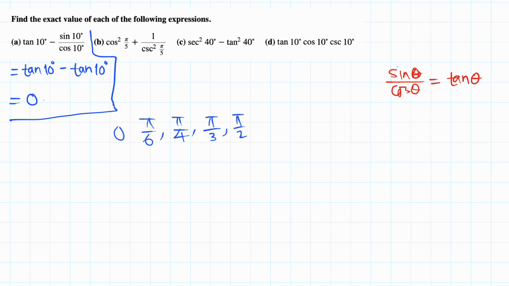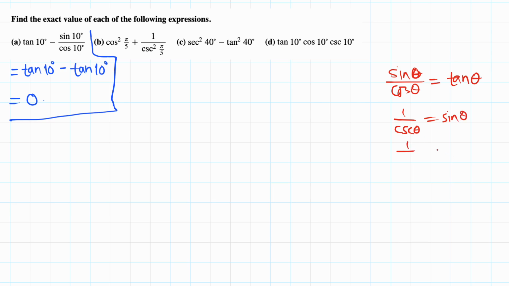So we need to use some identity here as well. I see 1 over cosecant. That's a reciprocal. We know that 1 over cosecant is sine.